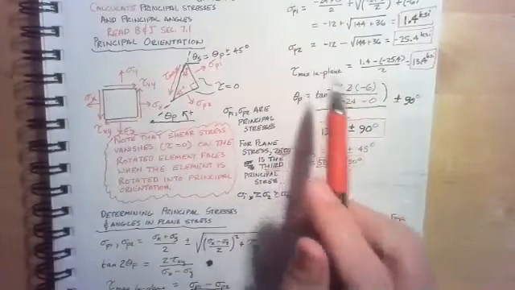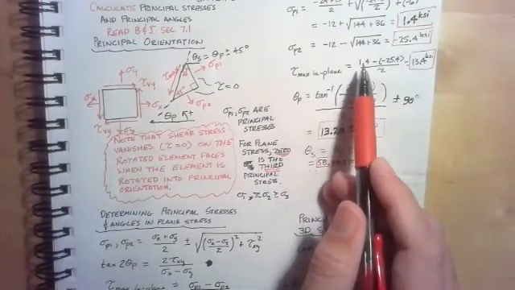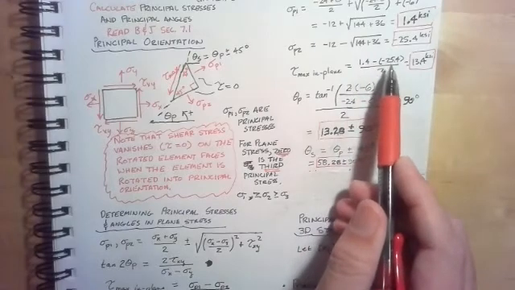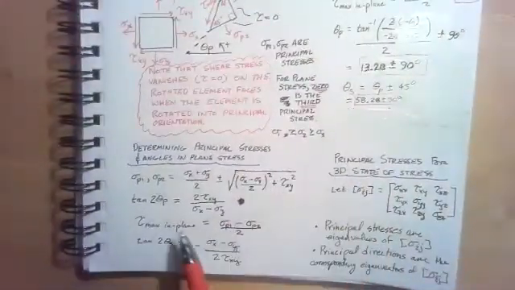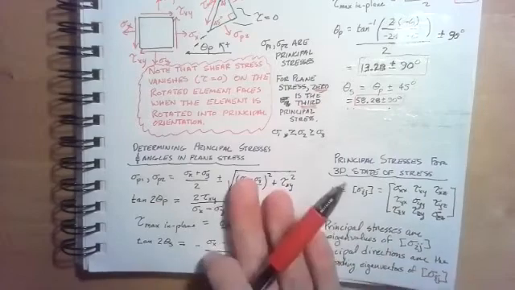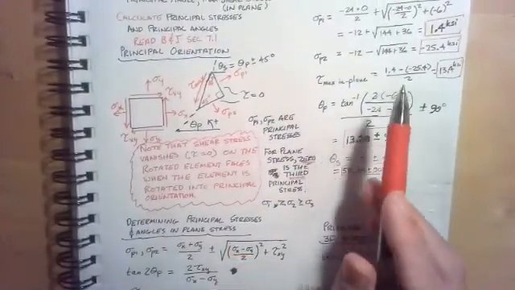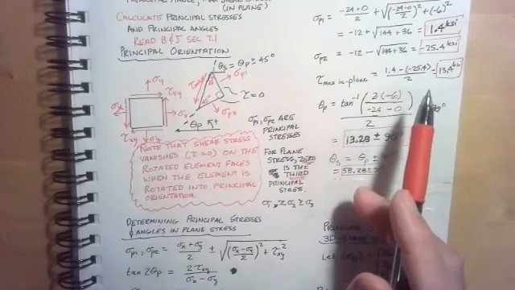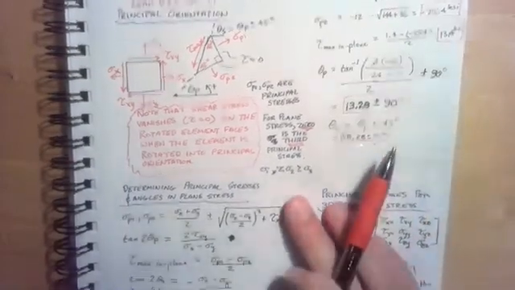Tau max in plane is given to me as 1.4 minus negative 25.4 over 2, or 13.4 ksi, using the equation that says tau max in plane is equal to sigma P1 minus sigma P2 over 2. So the difference in the principal stresses divided by 2 gives me the magnitude of the maximum in plane shear stress.